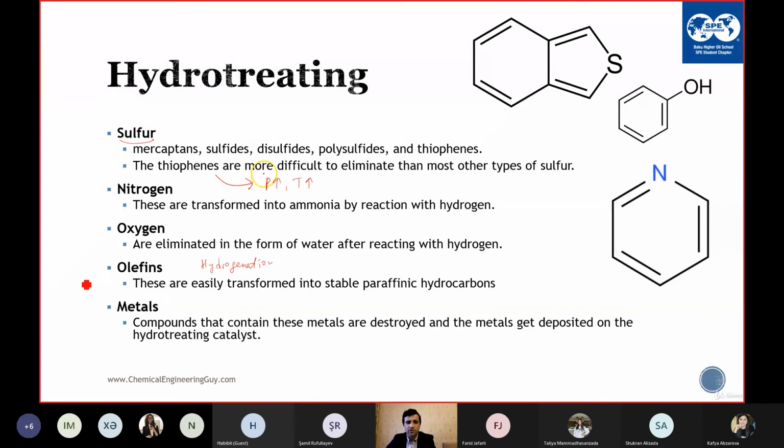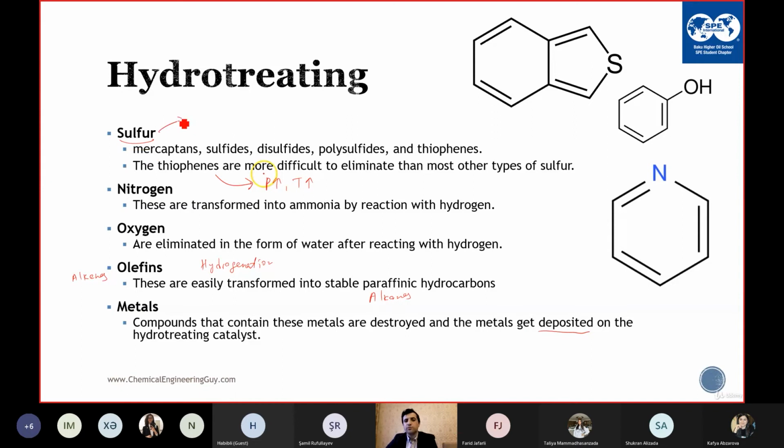What are the olefins? Alkenes, and paraffins are alkanes. And the compounds that contain metals are destroyed and the metals get deposited on the hydrotreating catalyst. That's how you remove the metals.